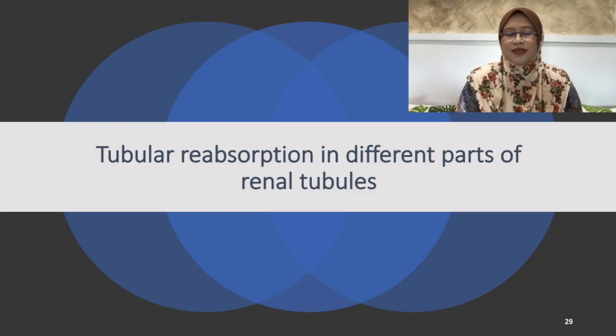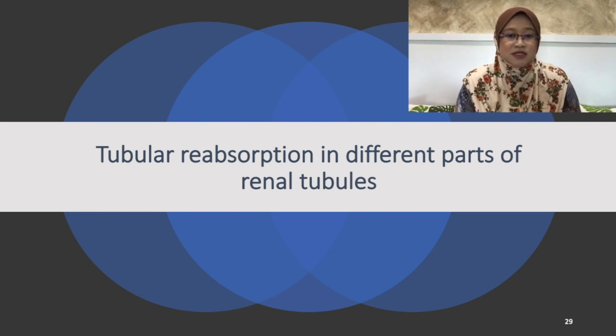We need to understand that each of the renal tubules has its own unique characteristics. For example, some parts may have certain types of transporters, while others do not. So different tubules may absorb different types of substances or solutes. So let us look into this reabsorption process, tubule by tubule.